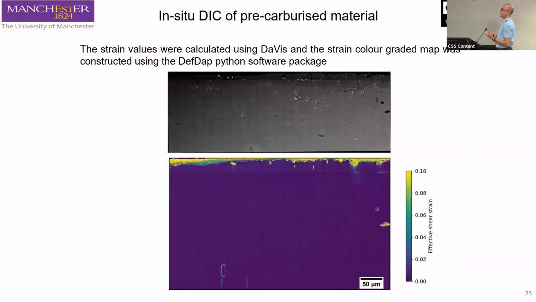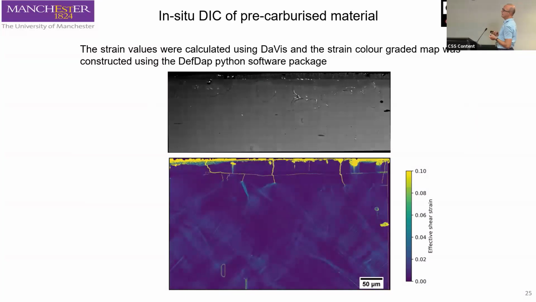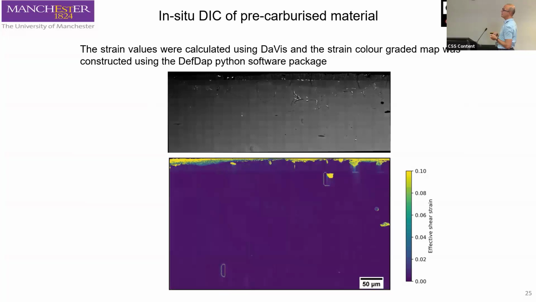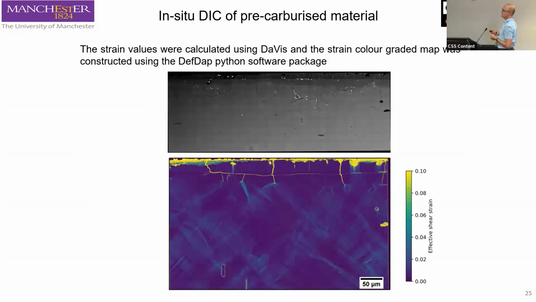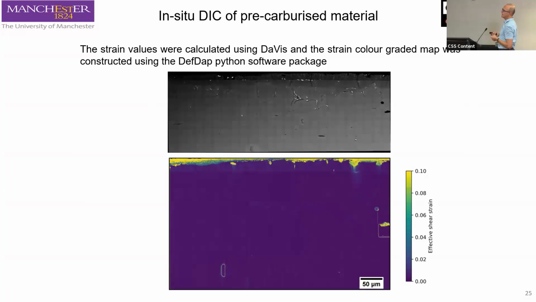We also did digital image correlation, which is a visual technique to identify the local strain as a function of loading. And here is an accelerated montage of the evolution of the strain.